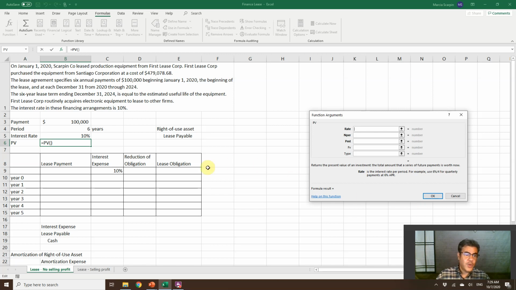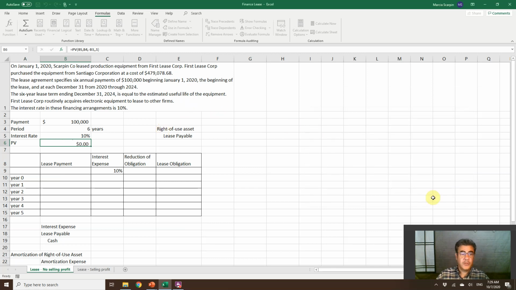Okay, so here rate 10%, period 6 years, PMT, our payments 100, and type 1, our first payment is at the beginning of each period. So it is 479. The lease is considering the same amount of the present value.